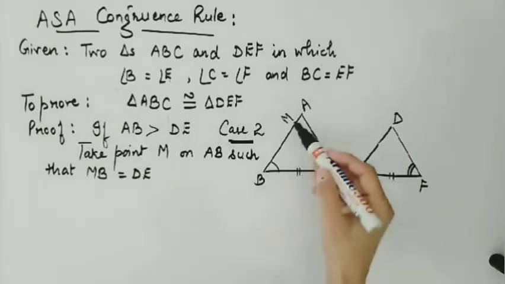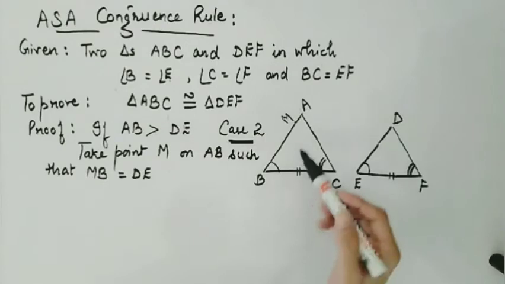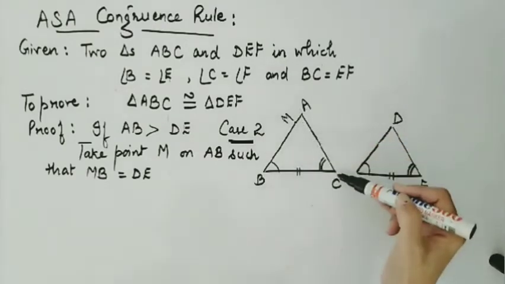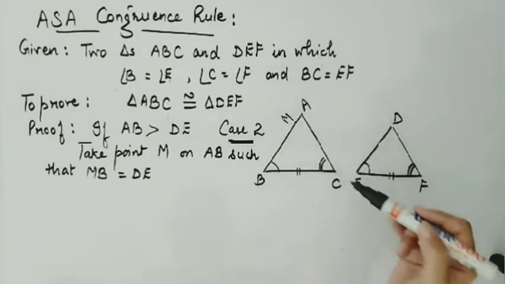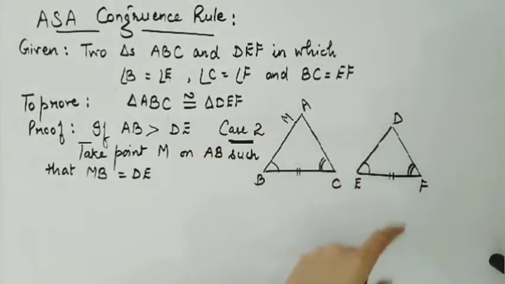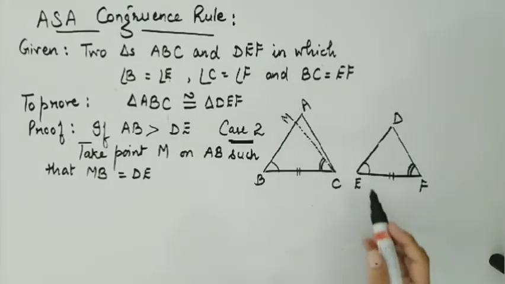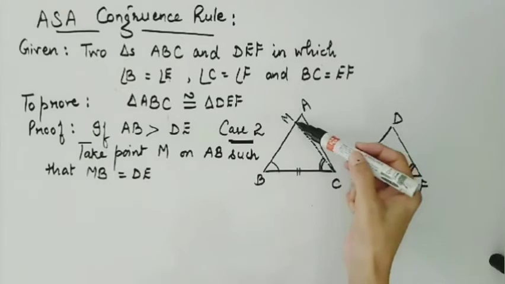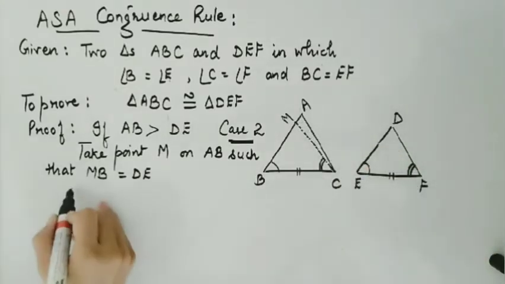And if MB is equal to DE, we would now connect MC and consider triangles MBC and DEF and try to prove them congruent. So observe this, MC is connected.